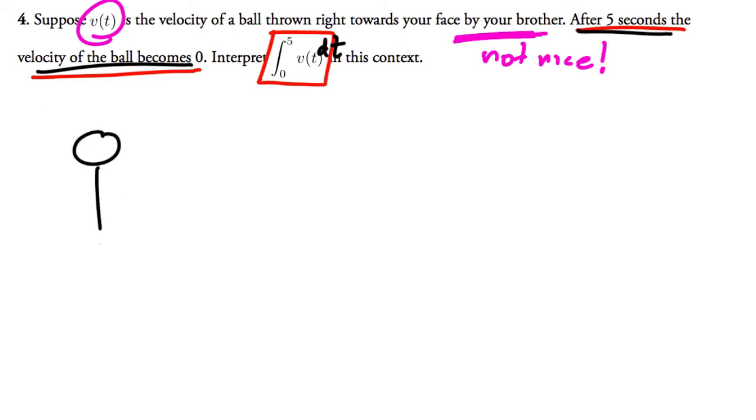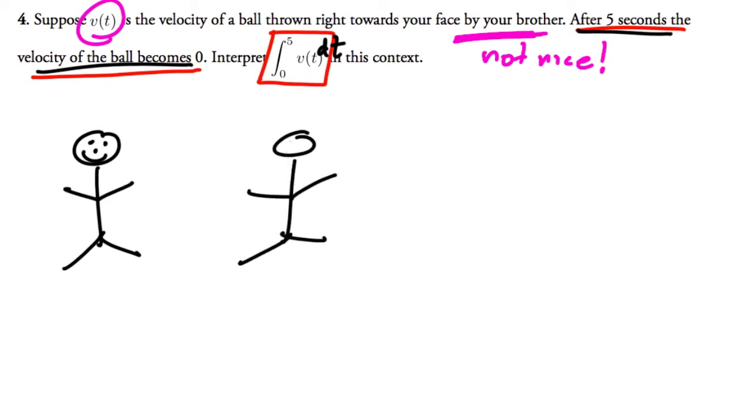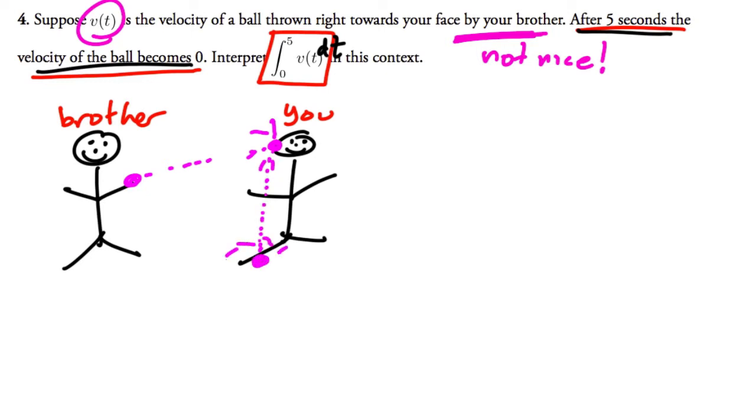So I've got a little picture here. This is you, and this is your brother. The ball goes whoop, whoop, whoop, splat. And then what happens to the ball? Well, then it comes down and lands right there.